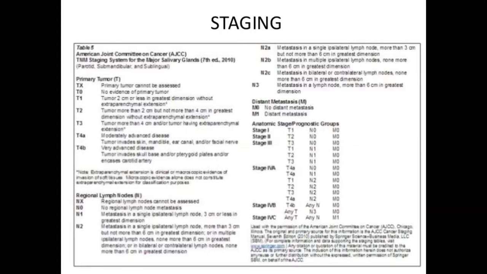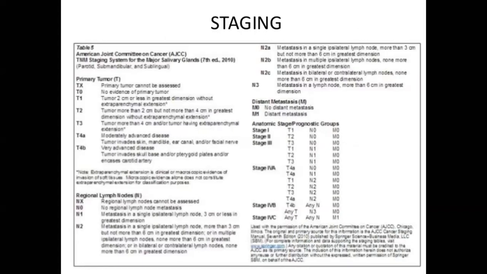Now the staging. On the T classification: TX when the tumor cannot be assessed. T0 when there is no evidence of primary tumor. T1 when the tumor is 2 centimeters or less. T2 when the tumor is more than 2 centimeters but not more than 4 centimeters.